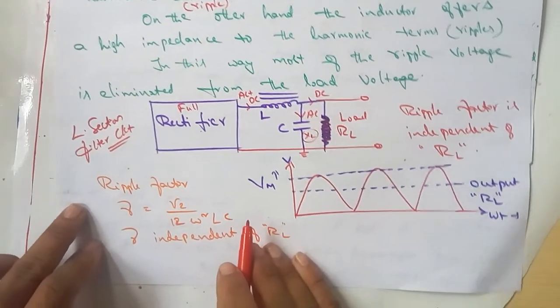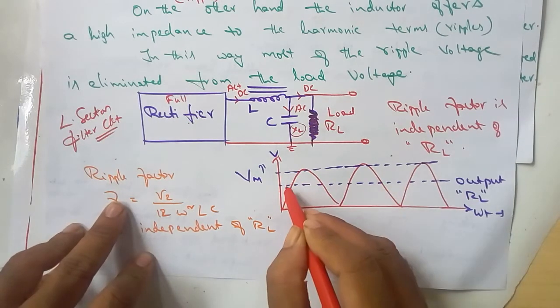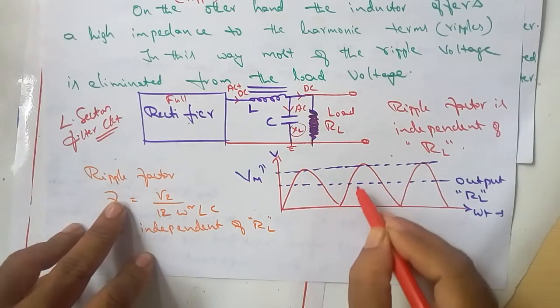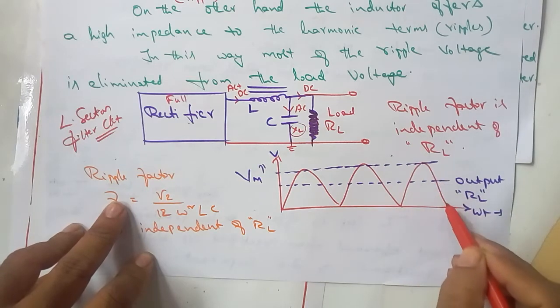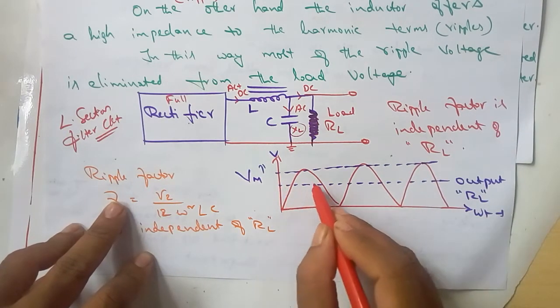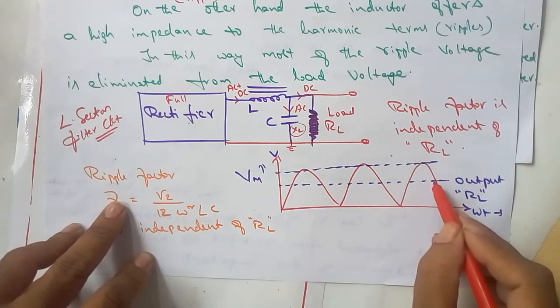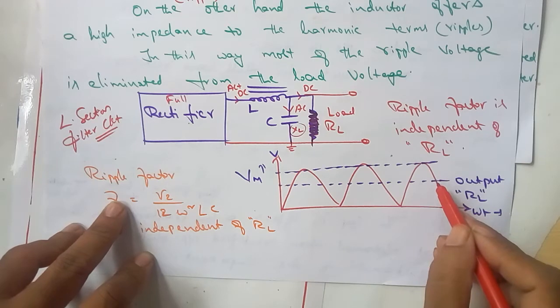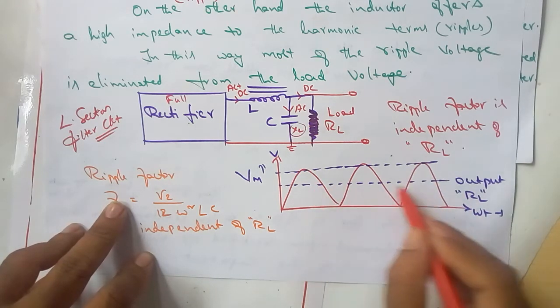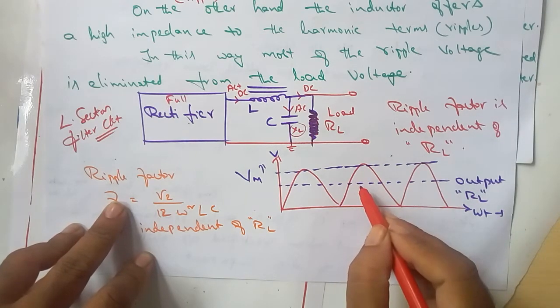Next, this is the output, the pulsating DC. Pulsating DC means both AC and DC are there, but the output through the load resistance comes out exactly straight, that means no ripples, a ripple free output. The output voltage through the load is decreased, less output comes from this.